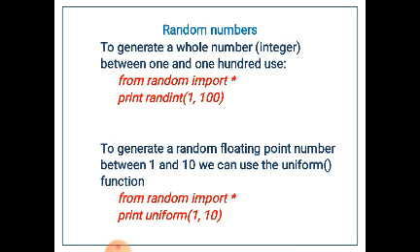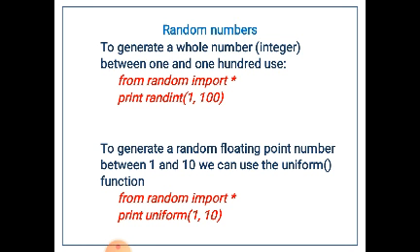Now we have seen how to generate numbers from 0 to 1. Now we can see there is a function to print, to display, to give output from the numbers 1 to 100.